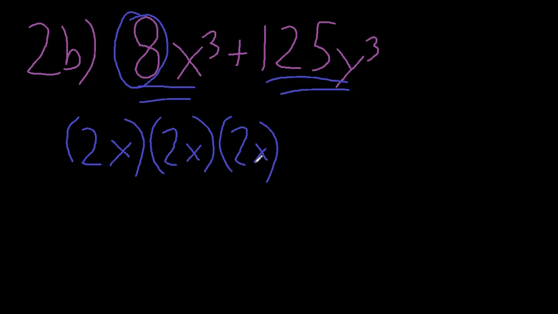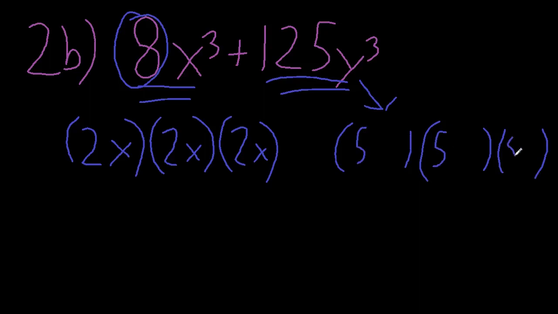And then 125y cubed, we can also break that down the same way. I'm going to break it down into 3 parts. What's the cube root of 125? It's going to be 5 times 5 times 5. Y cubed is y times y times y.